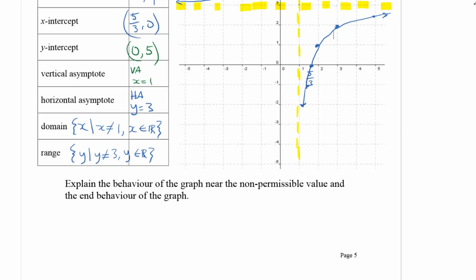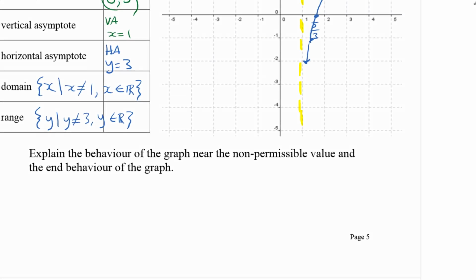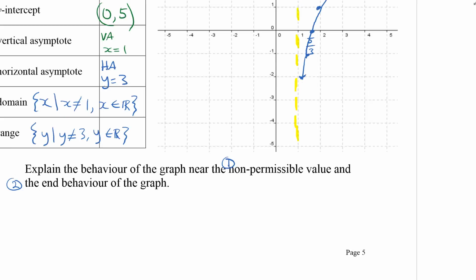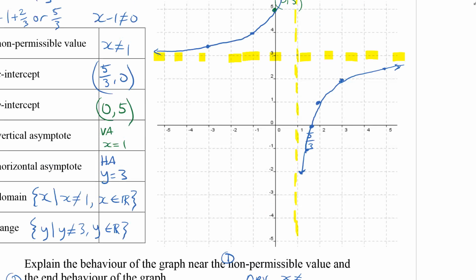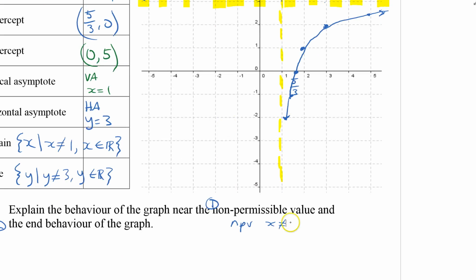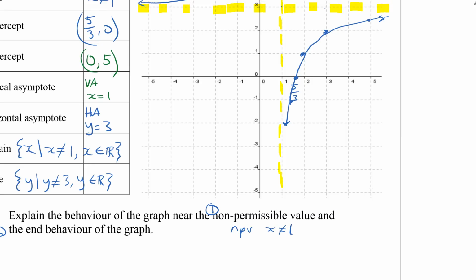Explain the behavior of the graph near the non-permissible value. So that's the first part we're going to do now. And the second one is the end behavior. So the non-permissible value, in this case, the NPV, is equal to, well, it's like what can x not be? X cannot be equal to 1. So what's the behavior of that?